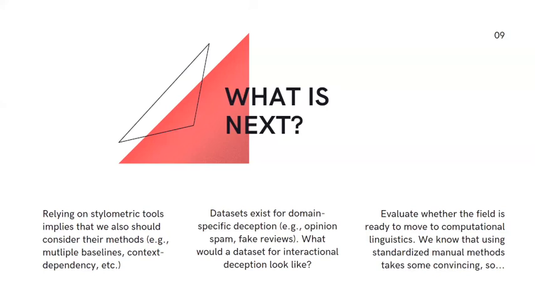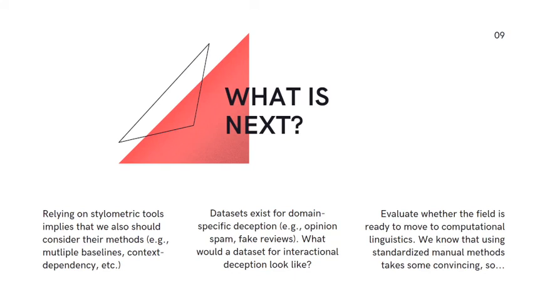When you work on authorship attribution, you take a whole group of authors with different texts for each author, and you see if this anonymized document fits better with one or the other group of texts. We should consider potentially multiple baselines, and we should also see if deception is context dependent, and if we can find some cues that are context independent.